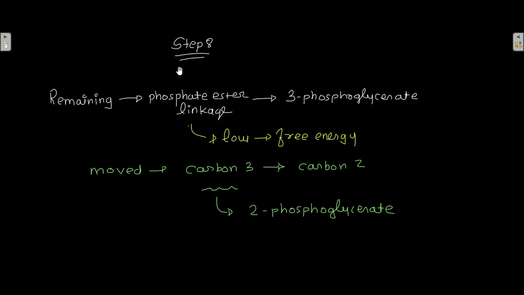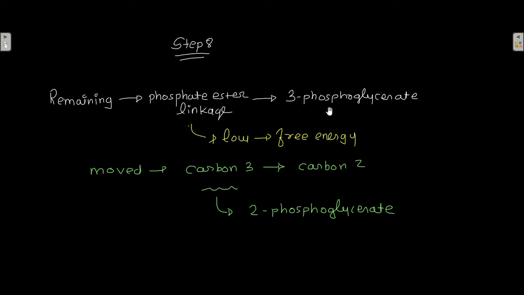Now in step 8, the remaining phosphate ester linkage of 3-phosphoglycerate, which has relatively low free energy of hydrolysis, is moved from carbon 3 to carbon 2, and because of this 2-phosphoglycerate is produced.